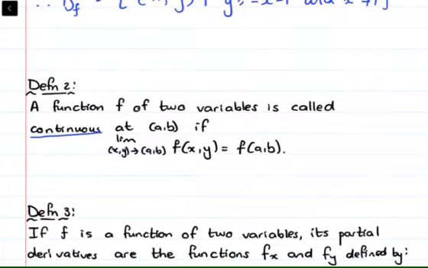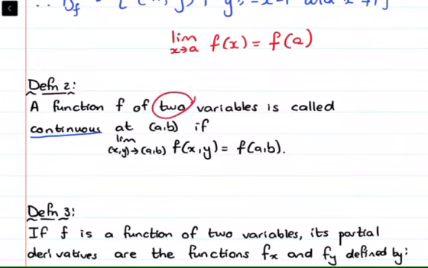We said that a function f of one variable is called continuous at a if the limit as x approaches a of f of x is equal to f at a. So now look at the difference. We are looking at two variables and we are taking a certain point, and that point is a, b. It is a pair. Okay?